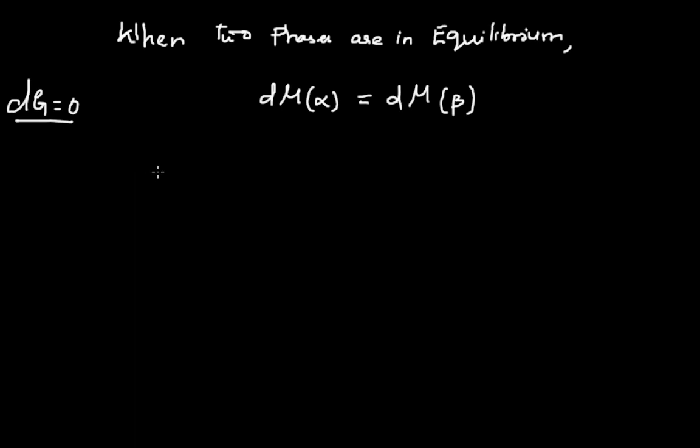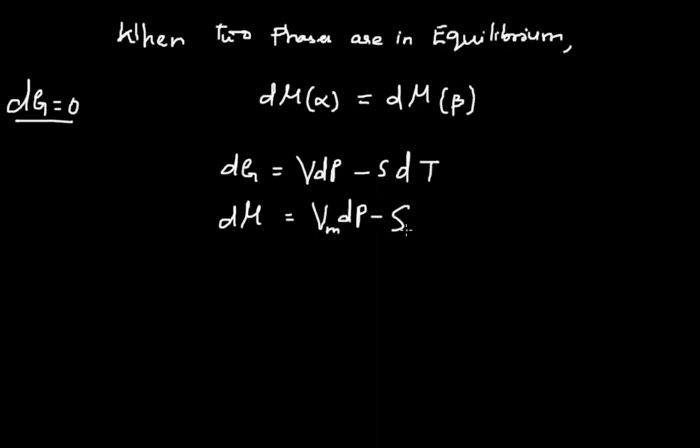Now, from our Maxwell relations and everything, what we know is dG is equal to V dP minus S dT. Or if I have to tell you, d mu, that is chemical potential, is molar Gibbs free energy, therefore Vm, molar volume, dP minus molar entropy dT for each phase.